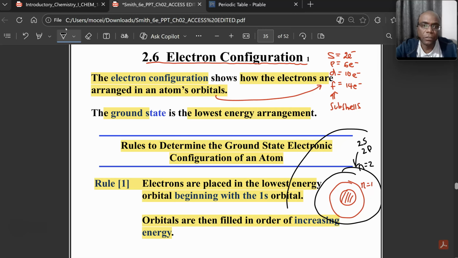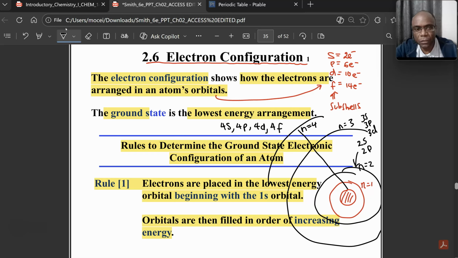And then you go to n equals 3. In n equals 3, you have to fill up the 3s before you fill up the 3p, and it's the first time you see the d, before you fill up the 3d. And then if you go to the fourth shell, n equals 4, you'll have to fill up 4s before you fill up 4p, before you fill up 4d, and it's the first time you're going to see the f in that order.